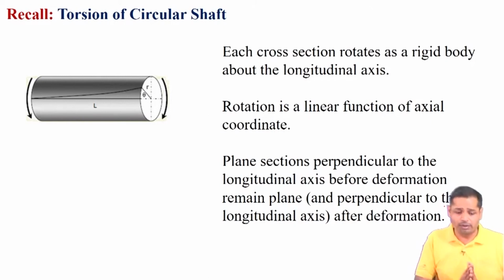So, assumptions of circular shaft under torsion, we know: each cross section rotates as a rigid body about the longitudinal axis. Rotation is linear function of axial coordinate, and a plane section which is perpendicular to the longitudinal axis remains plane. This is true when your deformation is small.